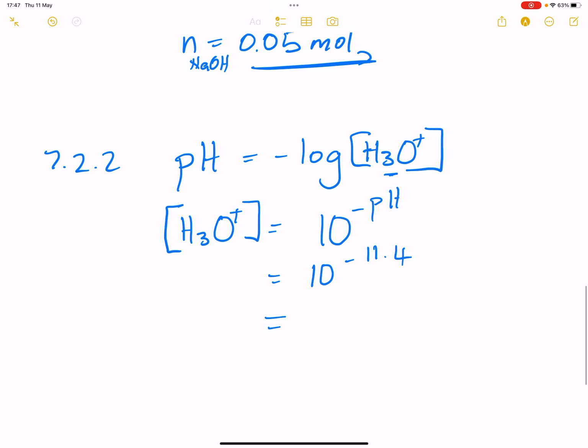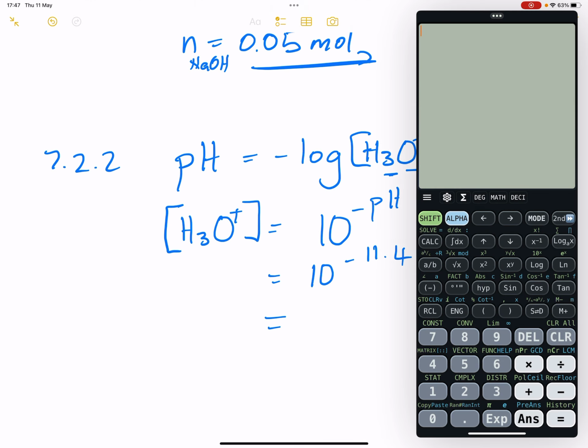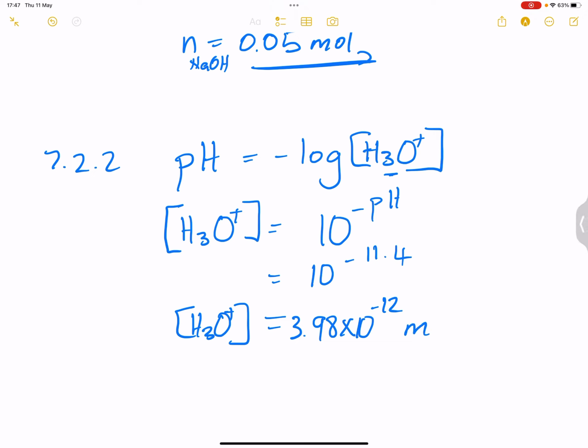We can calculate that, and that gives me a concentration of 3.98 × 10^-12 moles per cubic decimeter. So that's the hydronium ions.